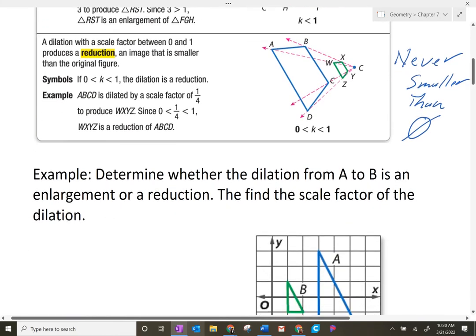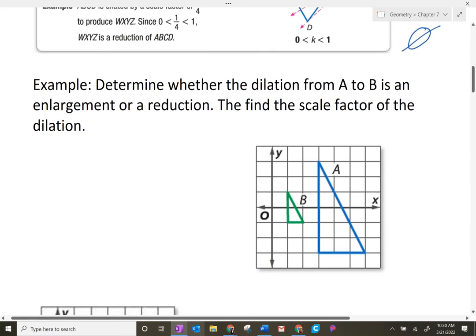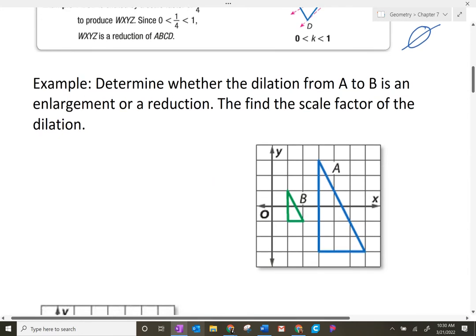Okay. So on these ones, the stuff we're doing, it's going to start off saying from A to B, so shape A, and we're changing it to B. We have to first figure out if it's going to be enlarged or reduced.